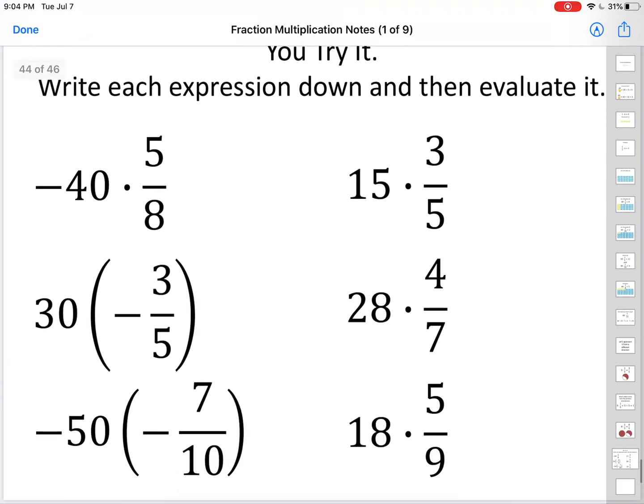So, write down these expressions and evaluate. I'll give you some time. By the way, you won't be confused by the negatives and positives. You know that 1 negative will be negative and 2 negatives makes positive. Go ahead, finish up.